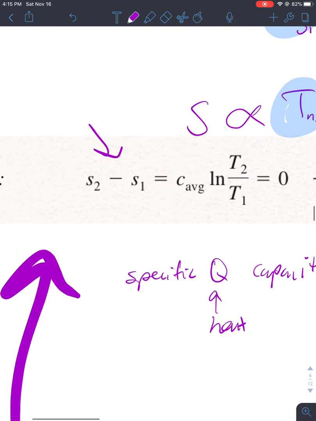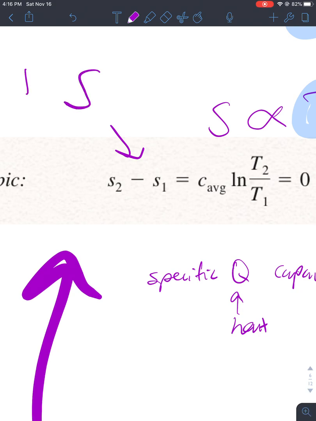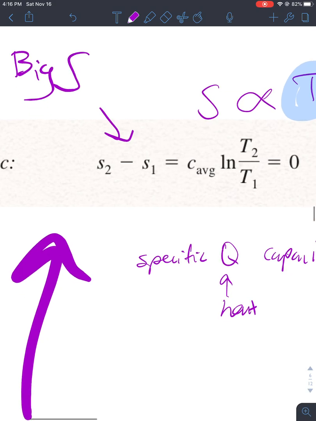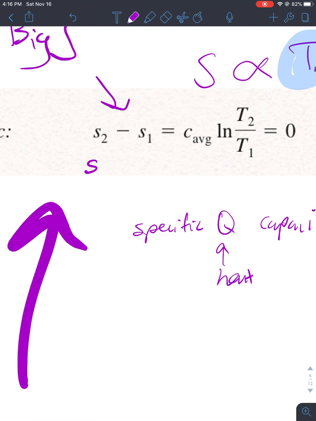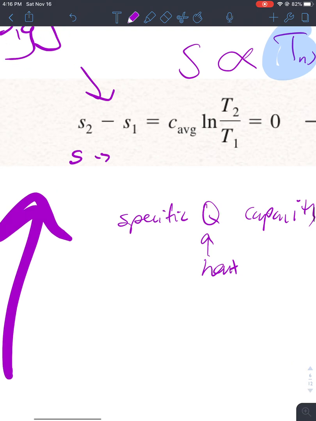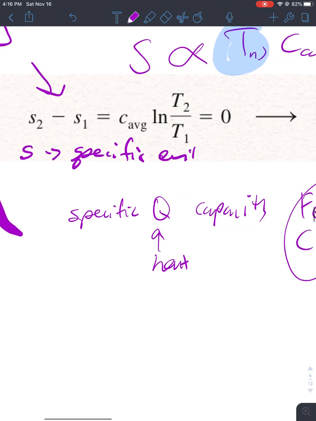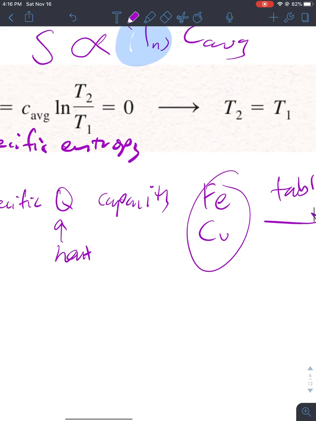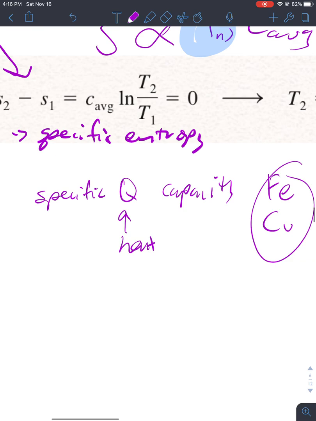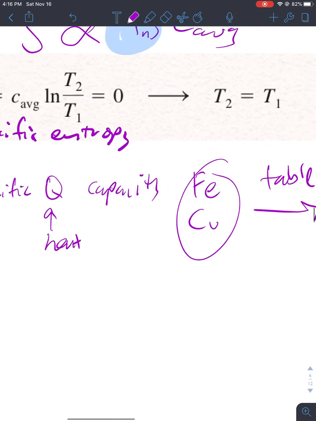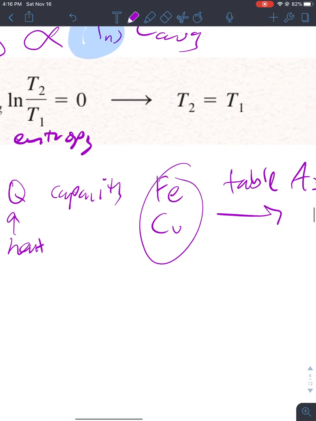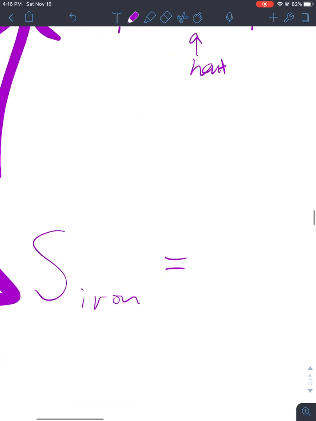I think these are big S's. This is big S. And then small s is specific entropy, which is entropy per mass, entropy per unit per kilogram. I think it's that.